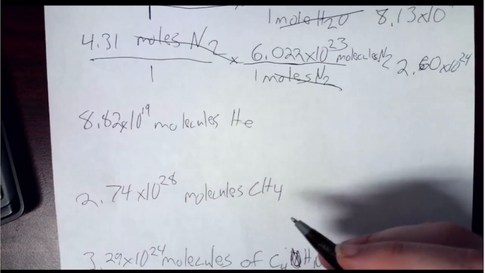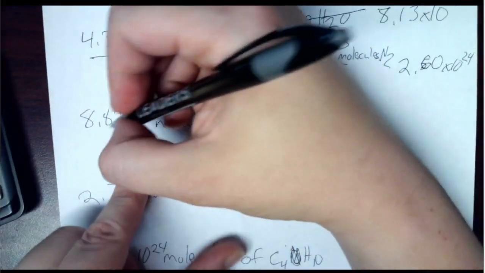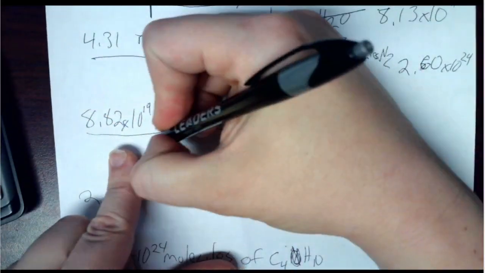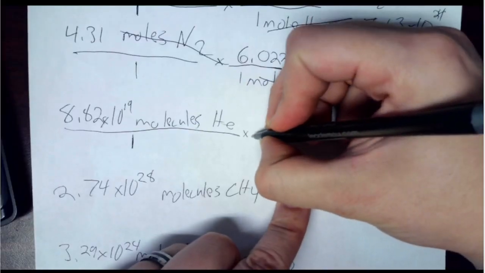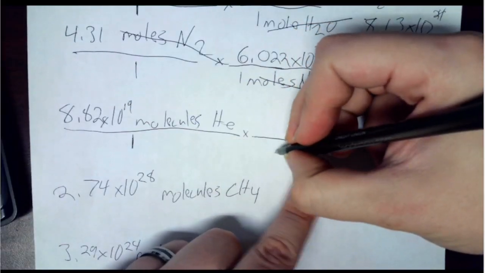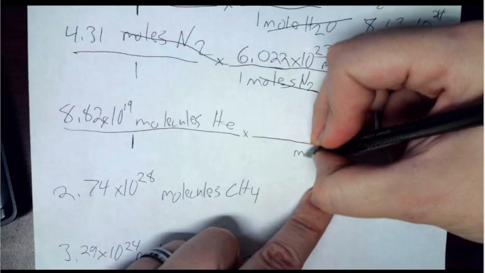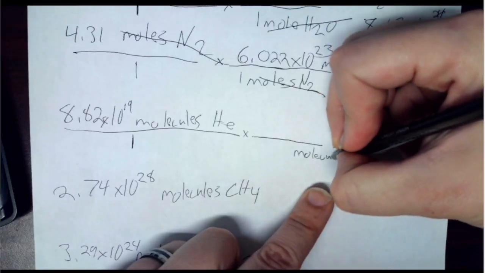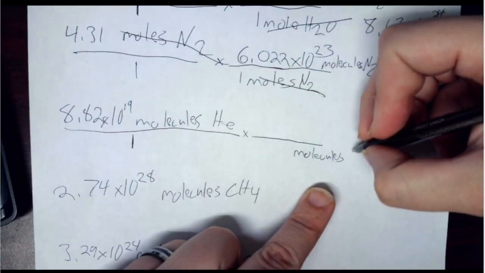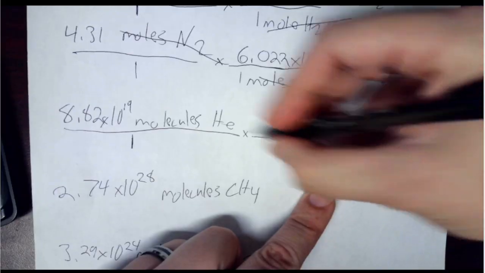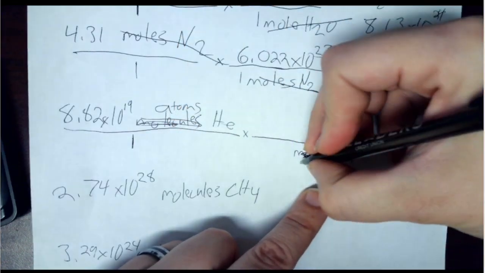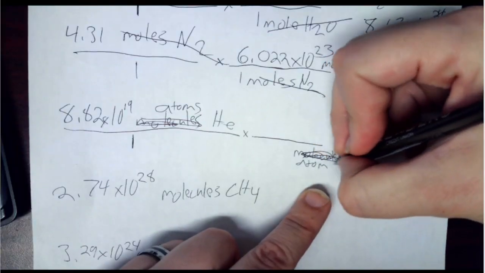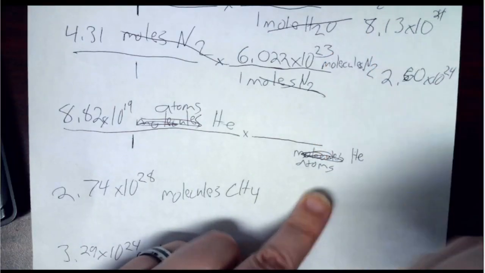Now, setting up this one. Since this is molecules up here, set that over 1. I want molecules down here and moles up top. Well, actually, sorry, atoms. That should be atoms because it's helium. That doesn't change anything in the answer, just how we're looking at this.